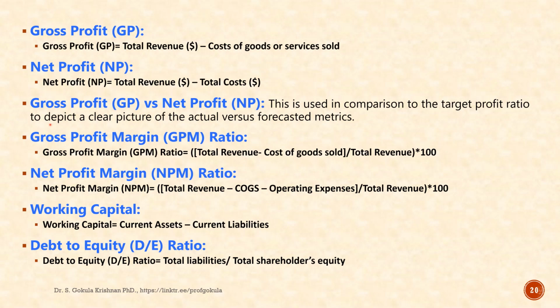And one more metric that is very important in this slide is gross profit versus net profit. This is used in comparison to target profit ratio to give a clear picture of actual versus forecasted metrics. For instance, you have forecasted certain things last year. This is going to be my forecasted figure, and this metric will tell you whether you are able to achieve the forecast or what the deviations are.